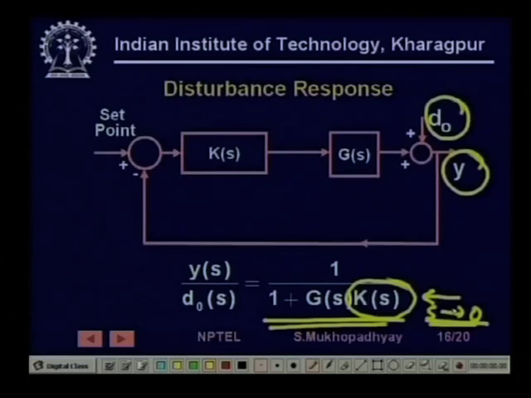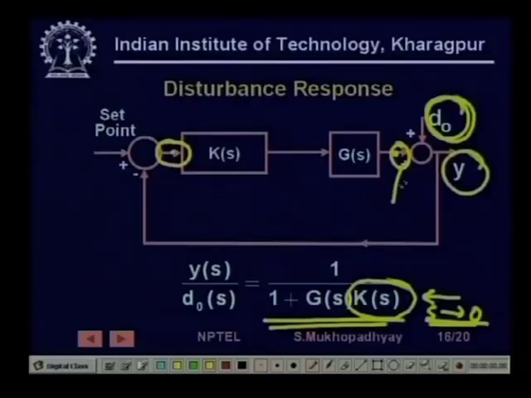For the same reason that E goes to 0 with integral control, even the effect of step disturbances will also go away, because the integral value will rise and it will provide the additional torque to actually take care of the disturbance.